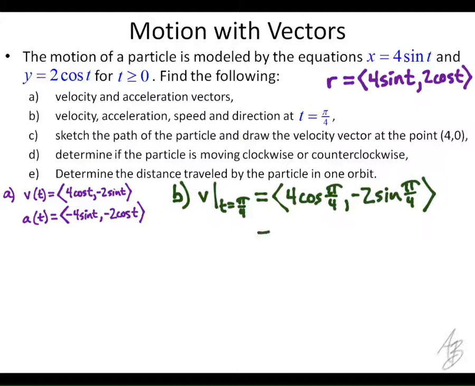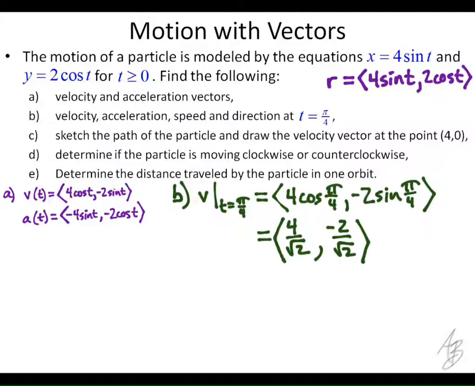So it's going to be 4 over square root of 2. You guys agree with that? And then sine of pi over 4 is also 1 over square root of 2, right? So we're going to get negative 2 over the square root of 2. So my next question is, do you think we need to rationalize that? No, we don't. It's okay if you leave denominators with an irrational number. So that would be an acceptable answer there.